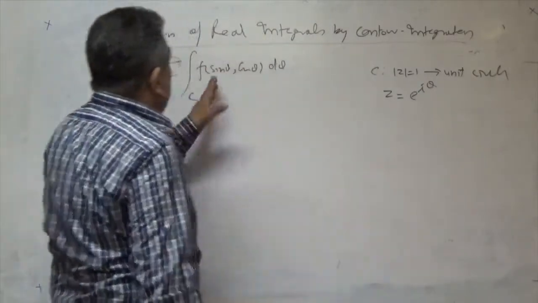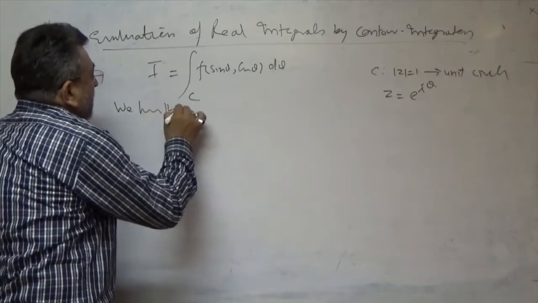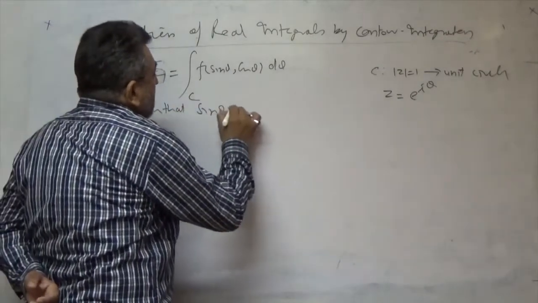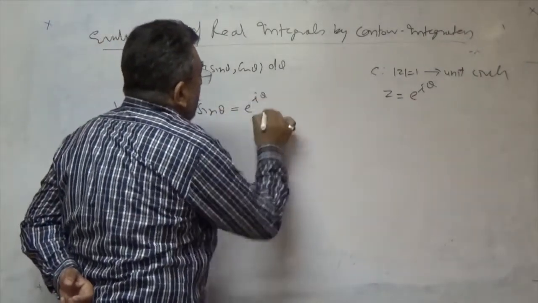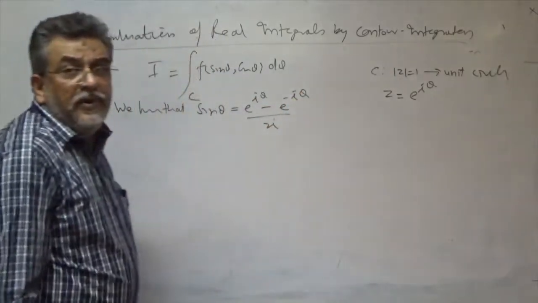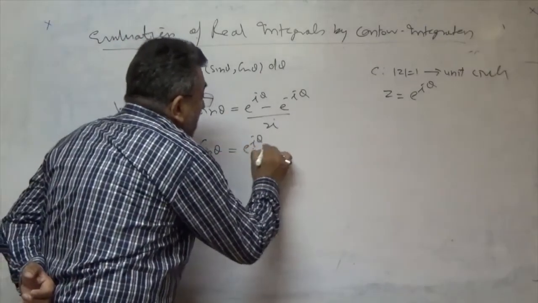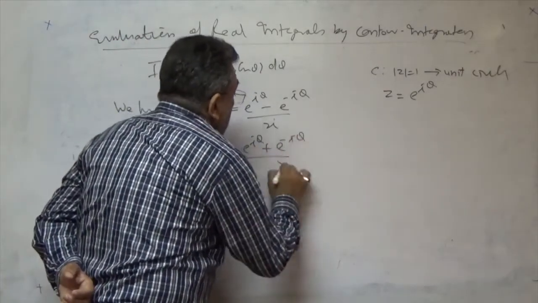And also here we know the formula from trigonometry or algebra, that is sine theta equal to e to the power I theta minus e to the power minus I theta upon 2i. And also we know that cos theta equal to e to the power I theta plus e to the power minus I theta upon 2.